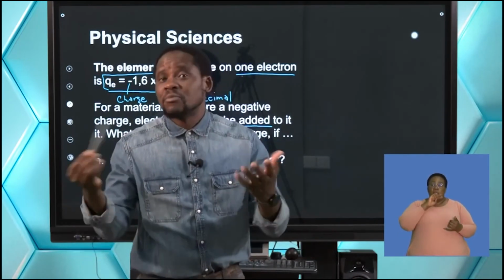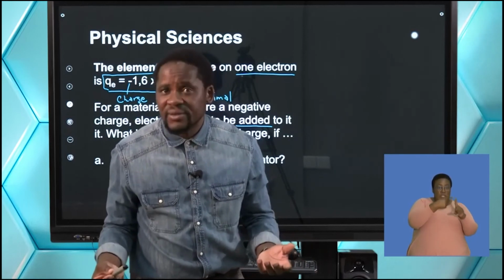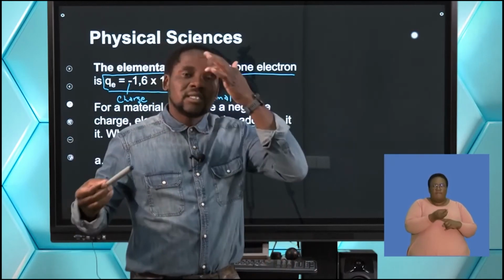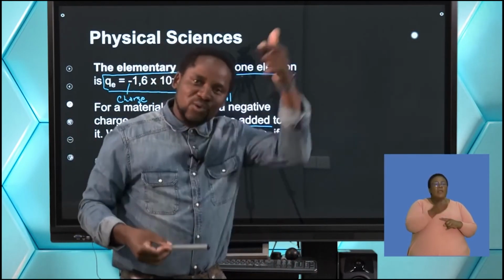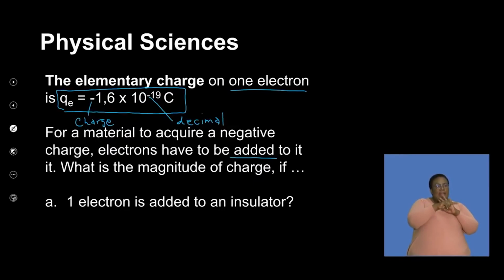But it doesn't mean there are no positive charges. Definitely not. The number of protons stays the same; it is the electrons that are in excess. So what if we add one electron? If it was neutral, the charge is equal to the number of electrons that we added multiplied by the charge of a single electron. When there is an equal number of electrons and protons, the net charge is 0 on that material.